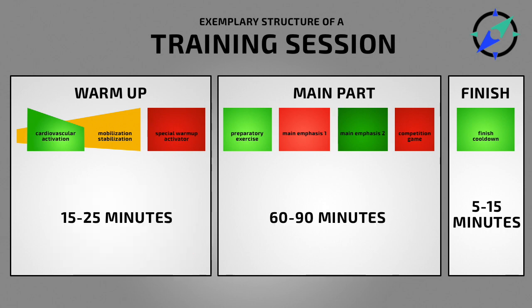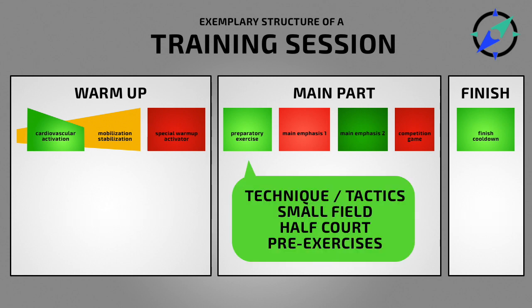When you plan your training, you hopefully know what you want to do in the main part. And when you find your theme for this training session, it is perfect if you find great exercises for the warm-up part which fit to the main part, so there is one theme of the training session overall. In the main part here you see only 4 portions of exercises which are in green and red.